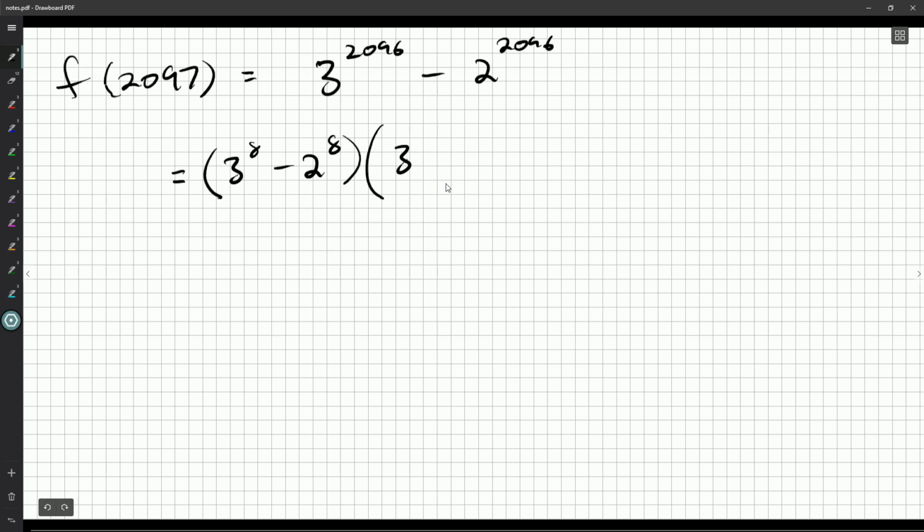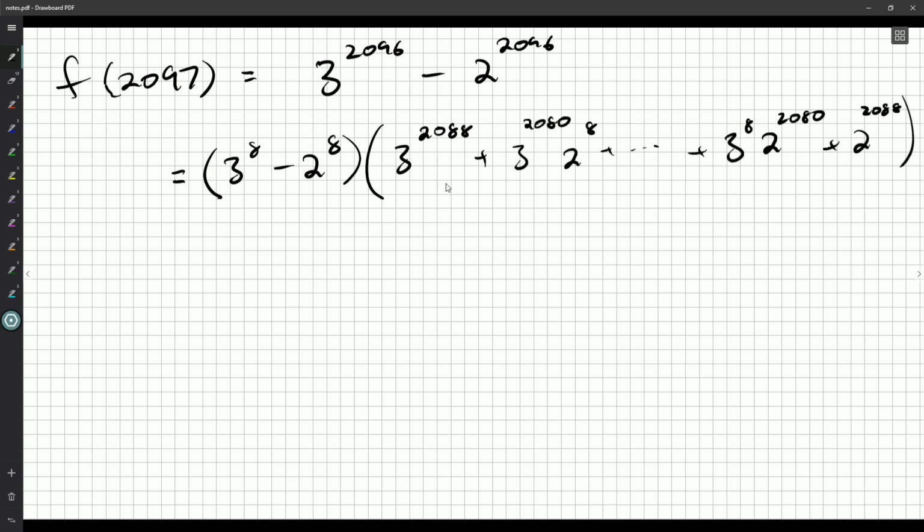So we'll have 262 terms, but it'll be 3 to the 2088 plus, I'm just going to subtract by 8 each time, 3 to the 2080, 2 to the 8 plus, and it'll go all the way down to 3 to the 8, 2 to the 2080, 2 to the 2088. Right? And then that part's done.